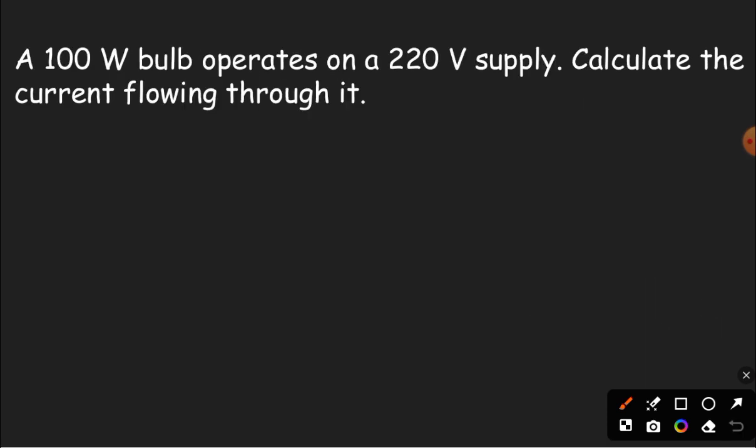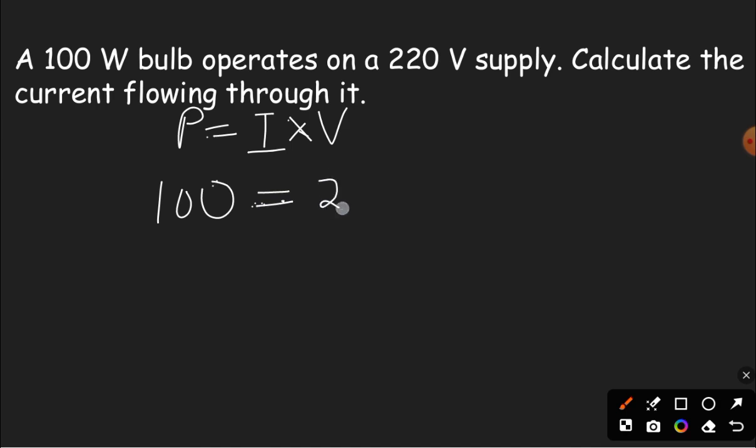A 100-watt bulb operates on a 220 volt supply. Calculate the current flowing through it. So I give you another formula. Power equals current times voltage. Our power over here is 100 watts equals potential difference, 220, multiplied by the current.